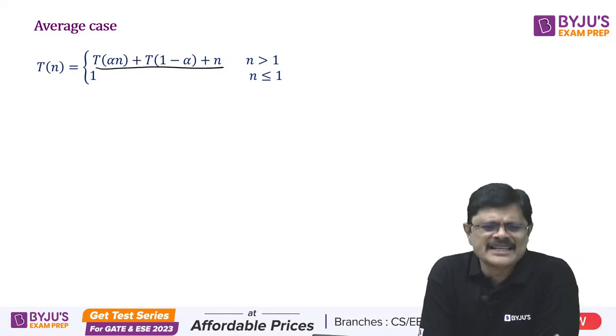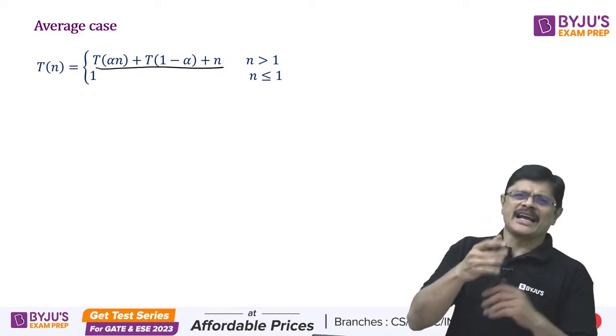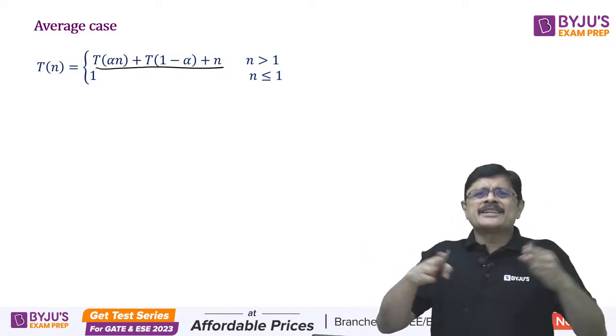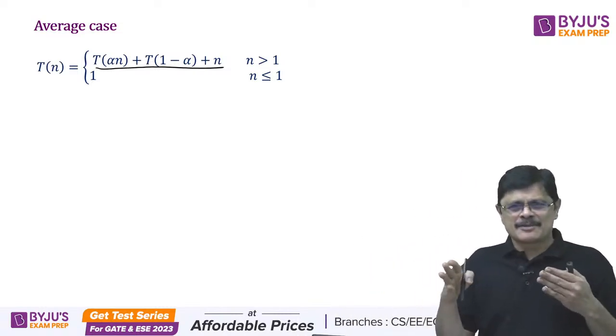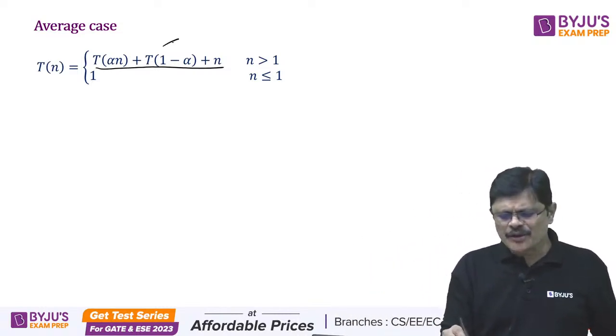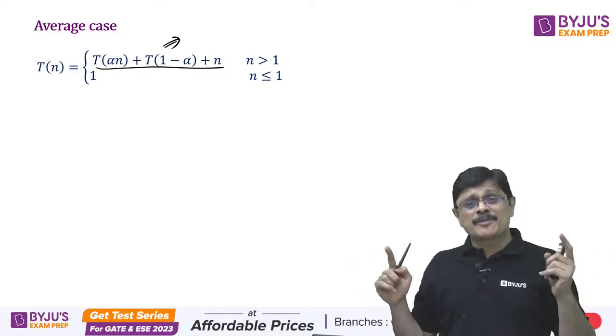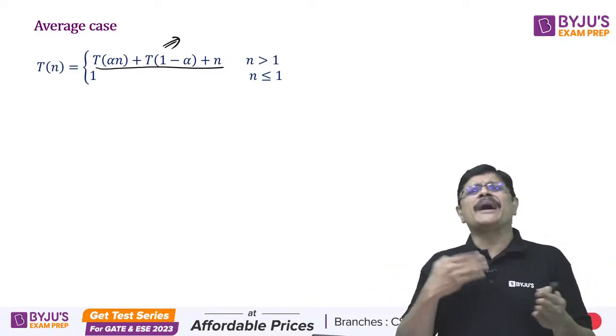Partition can happen on any side. On an average, it can cut anywhere, because you may get some balanced splits, you may get unbalanced splits. So we generally call it an unbalanced split. See, a completely unbalanced split I'll tell you later, this is partially unbalanced.